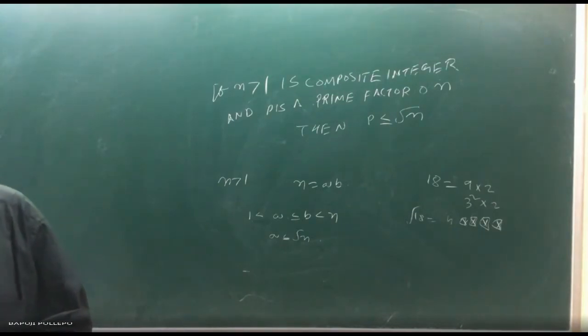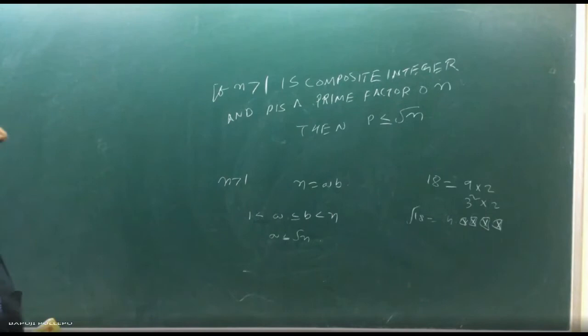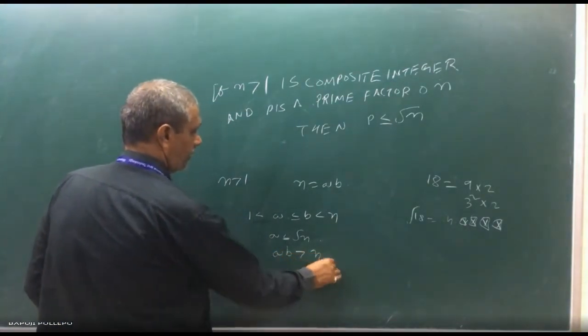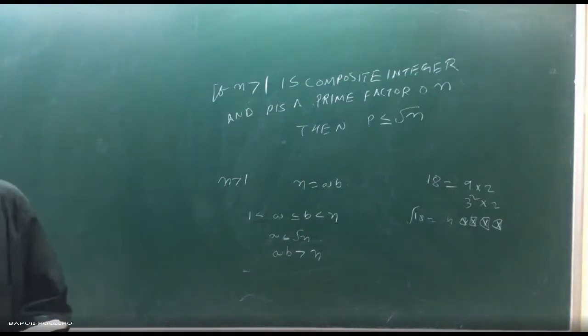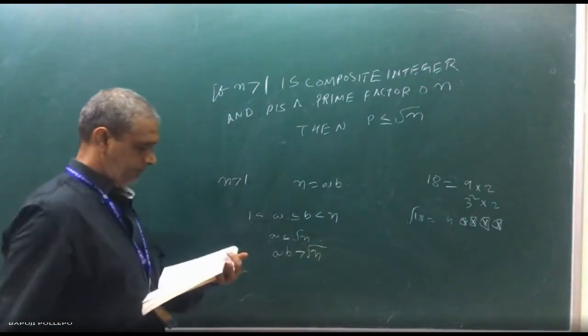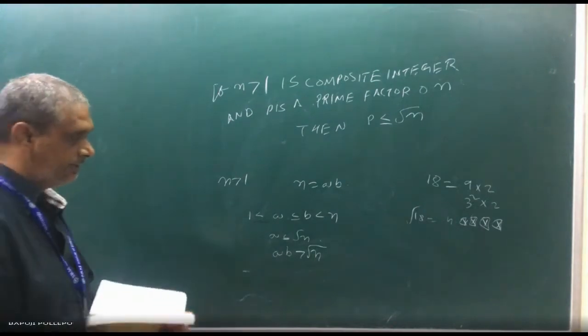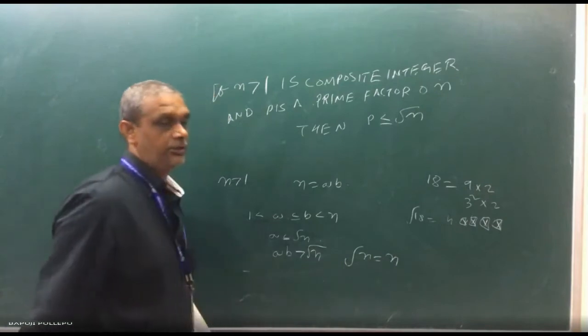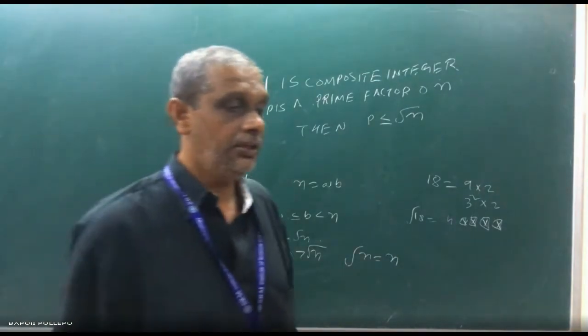Suppose it is not true, then AB would be greater than n. If it's not true, then B is greater than root n, and that means AB is greater than n, which is a contradiction. So mathematically, it's true.